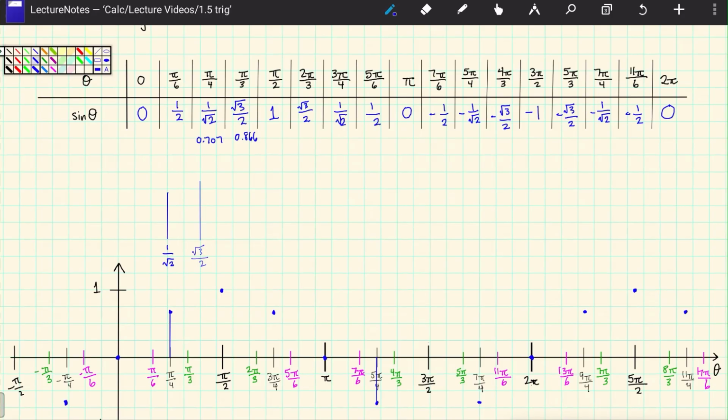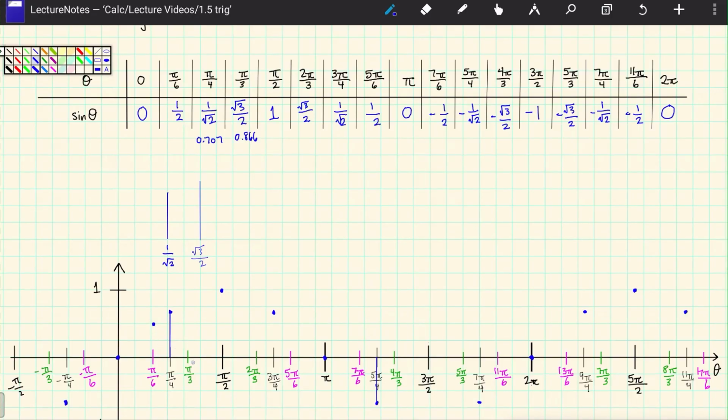Now, at pi over 6, my y-coordinate is 1/2. So pi over 6, my 1 unit is 4 grid lengths, and so I'm going 2 grid lengths up.